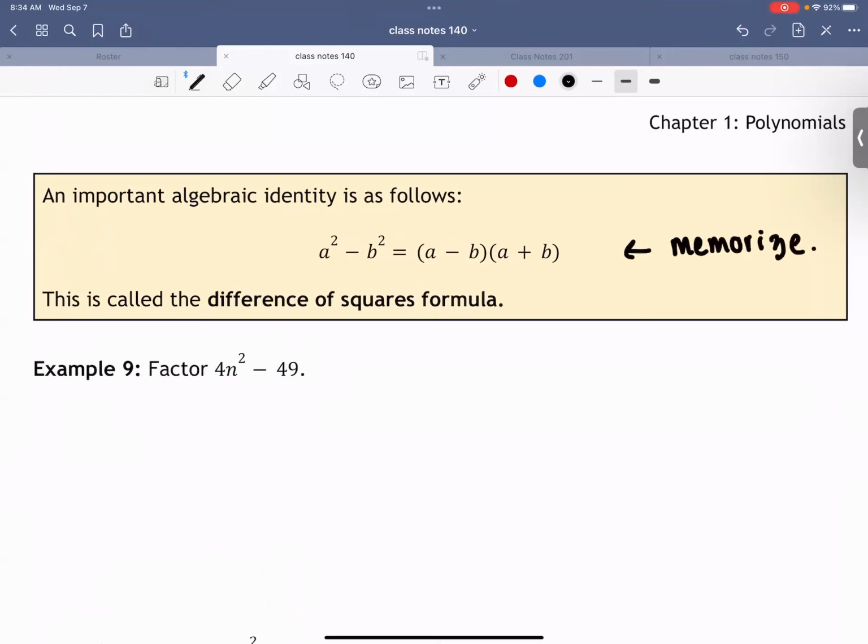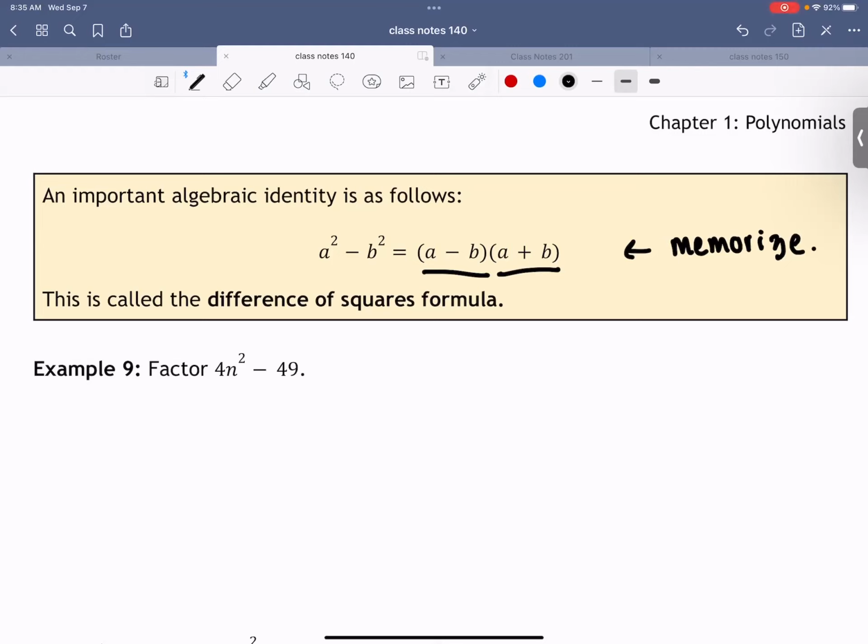Whenever you have something squared minus another thing squared, and A and B don't have to be specifically numbers, they can be literally any sort of thing, we can separate it out into a subtracted factor and an added factor, okay? Now the formula is nice to memorize, but might not make quite sense right now. Let's do an example and see how we can apply this.